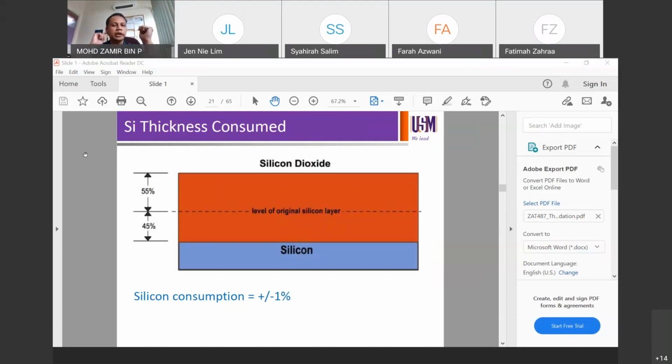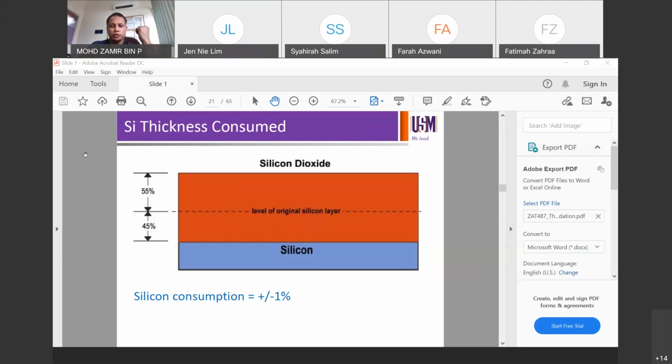So typically during the process, you can see that your silicon dioxide, for example, is on top and your silicon is at the bottom. Normally the ratio of the consumption is about 55-45, where some 45% of the grown oxide is actually coming from the silicon.